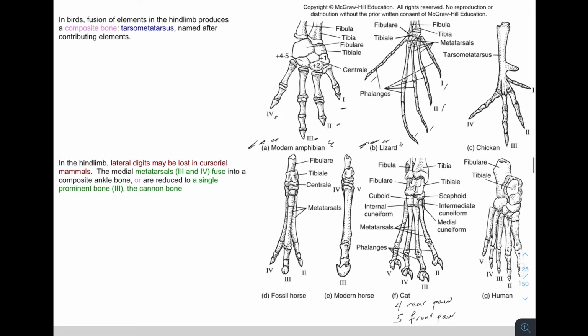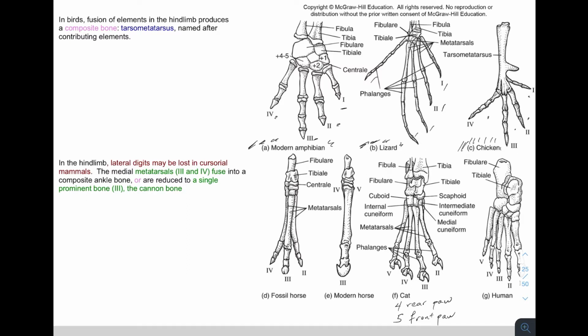When we look at a chicken, though, which is a bird, what we see is a very different pes anatomy compared to its manus. That's because the chicken is standing with its pes, but it's flying with its manus. Here we see that we have digits 1, 2, 3, and 4.